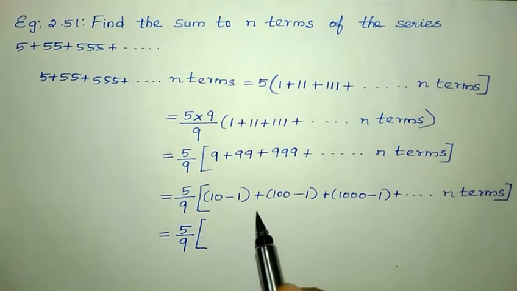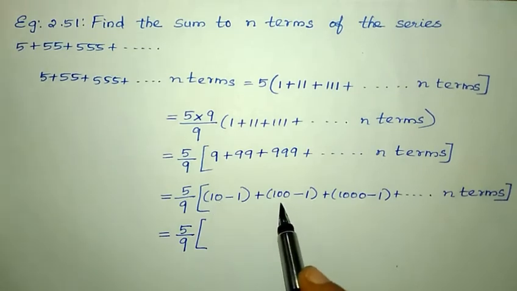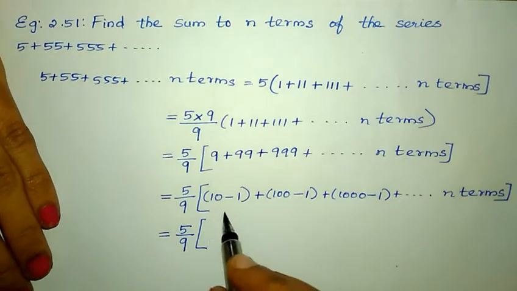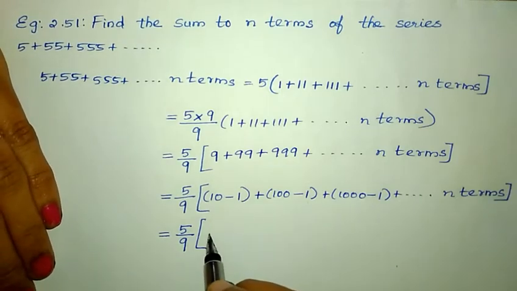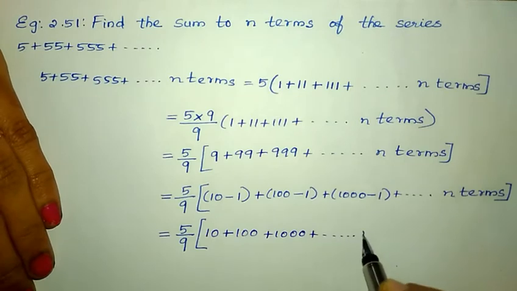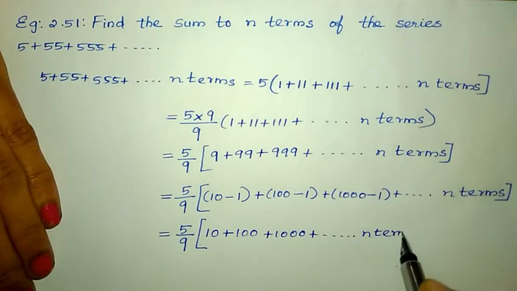Now I am going to write 10, 100, thousands together. So I am going to write these terms first. So 10 plus 100 plus 1000 plus etc. up to n terms.